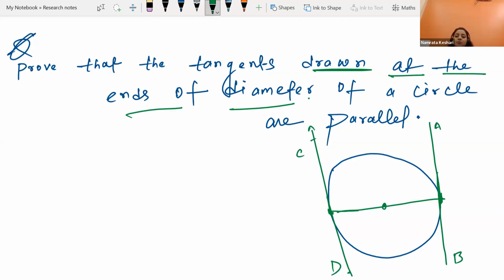That's what we have to prove over here. Everyone getting it? What exactly we have to prove here? Prove that the tangents drawn at the ends of the diameter are parallel with each other. Any idea how to show it?